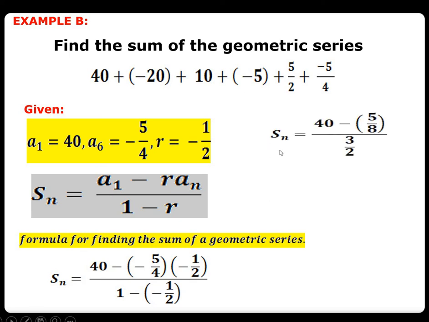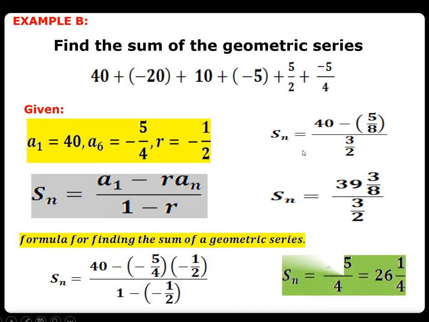Again, we have s sub n is 40 minus 5 over 8 all over 3 halves. Simple manipulation again. We have s sub n equals 39 and 3/8 all over 3 halves. Simplify further. S sub n is equal to 105 over 4, which is 26 and 1/4.